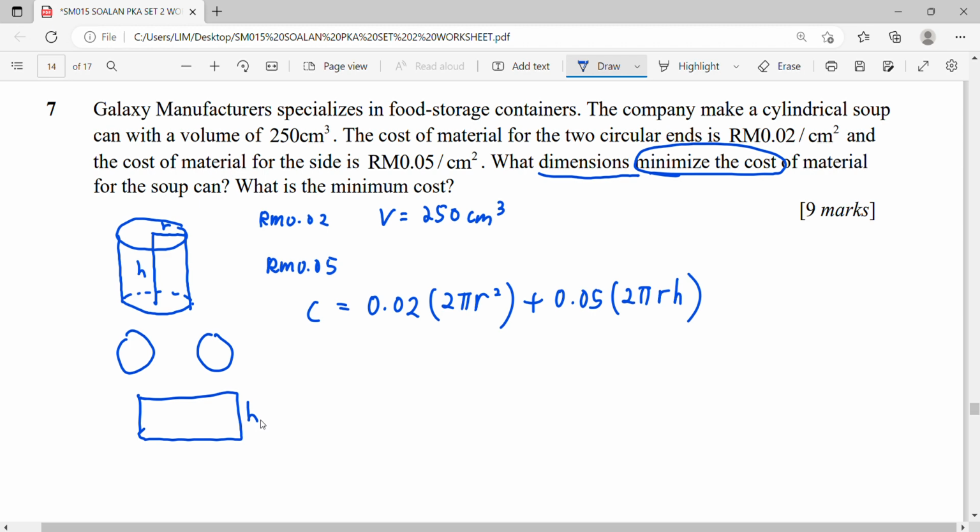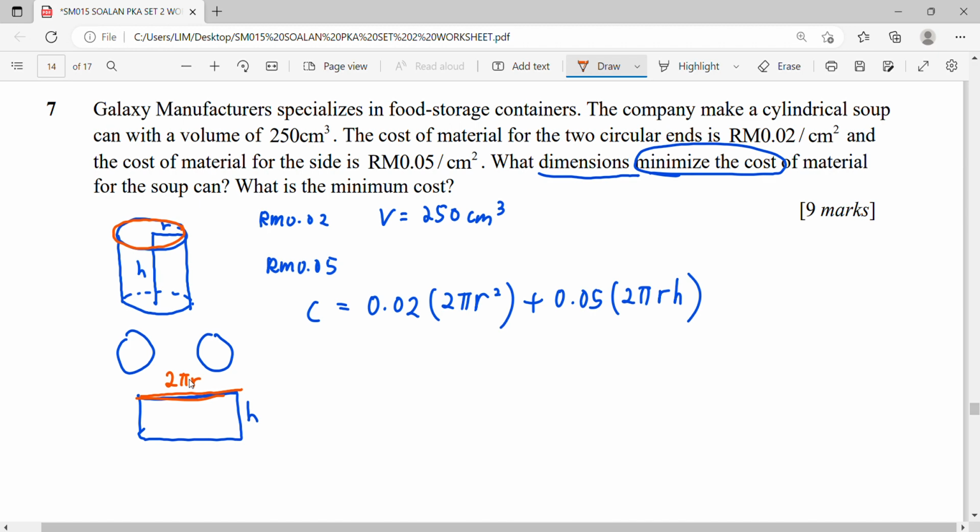So actually this side, when you unfold this length, it comes from the perimeter of your circle, 2 pi r. So the whole surface has length 2 pi r and height h.